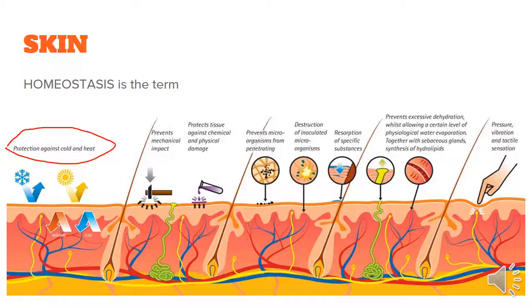So if you get hit by something or something sharp bumps you, or you run into a wall, anything that it's strong enough that it kind of keeps that from penetrating the skin. Also protects tissue against chemical and physical damage. For example, hydrochloric acid in labs, sometimes you use it, even in the classroom.